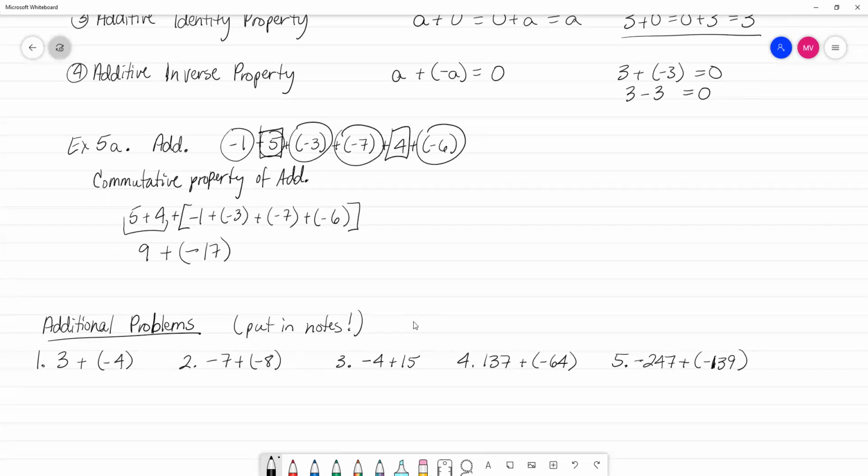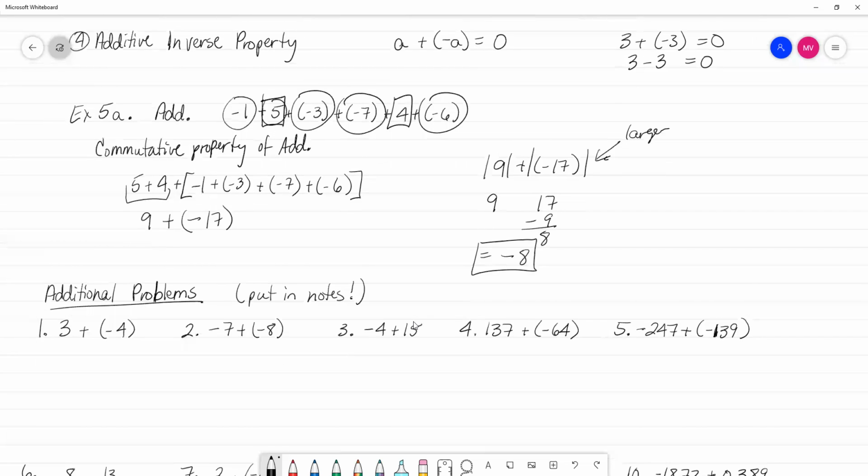I have 9 plus a negative 17. Let's get my absolute values. Absolute value of 9 is 9. Absolute value of negative 17 is 17. So this guy's the larger, which means my answer is going to be negative. 17 minus 9 is 8. So I carry that to my answer bar, and my answer is negative 8.